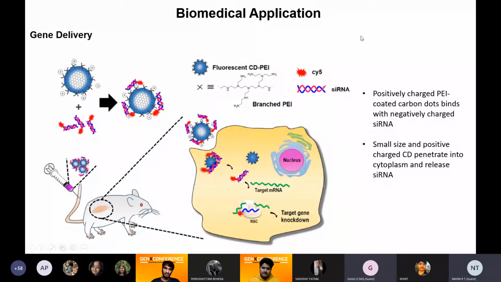And they have also attached a Cy5 fluorescent dye to study the release profile of the siRNA as well. So now we have a dual mode imaging where we can clearly see the carbon dot has released into the lumen, and then the siRNA goes to the nucleus and knocks down the gene which is present.